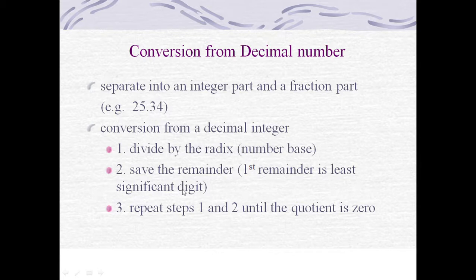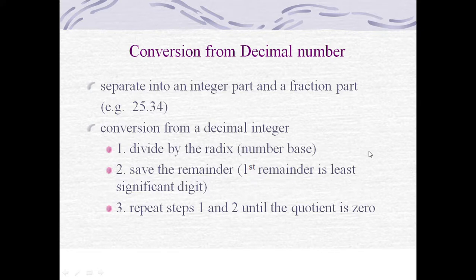So continue the division on the remaining quotient until we get 0 as the quotient, and keep on saving the remainder. And remember that the first remainder is the least significant digit, and the second remainder is the next significant digit, and so on and so forth.